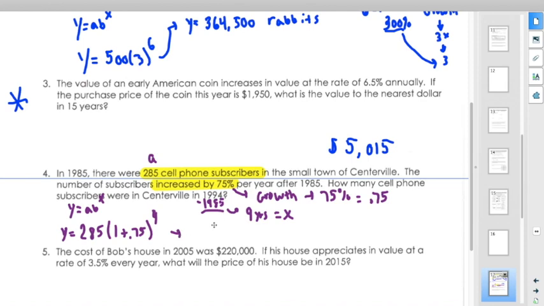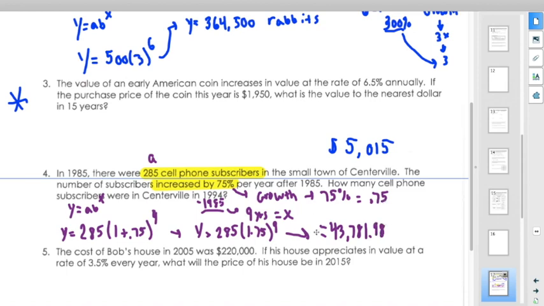Okay, let's simplify that a little bit. Y equals 285 times 1.75 to the 9. And that, put it straight in the calculator, would be equal to 43,781.98.